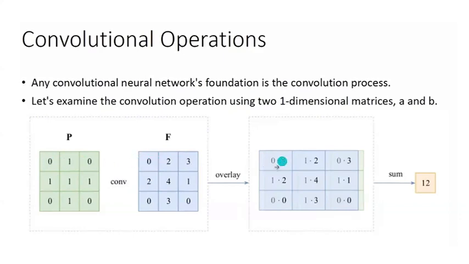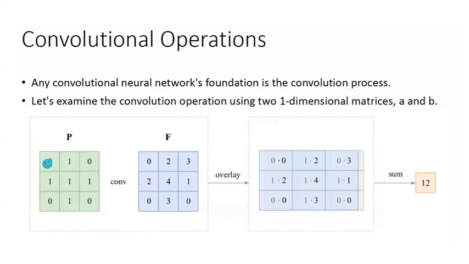I take this one and put it on top of this one, and multiply each by each. So 3 into 0, it's 0. Then 2 into 1, it's 2. Like that, I come up with new numbers, and finally I add everything. When I add everything, the number comes as 12 here.